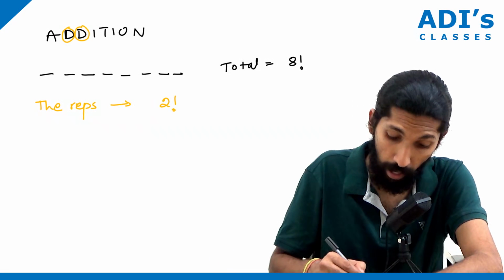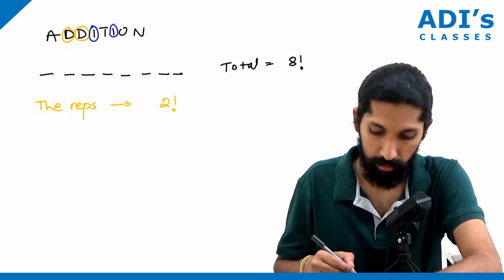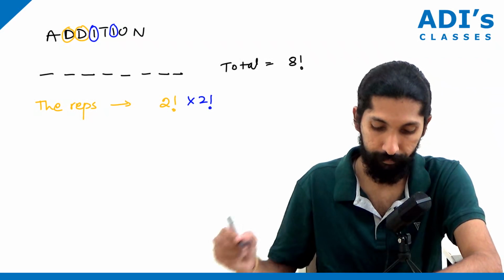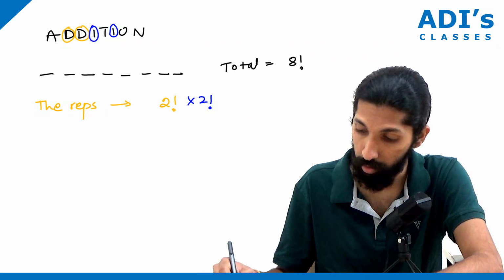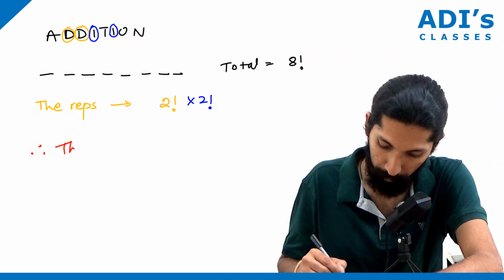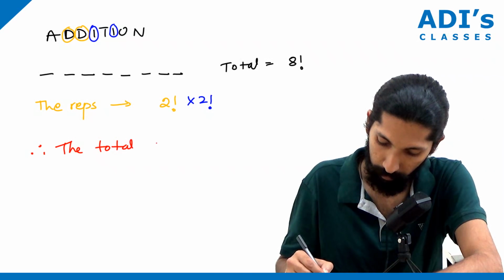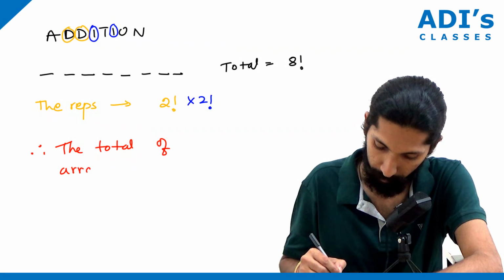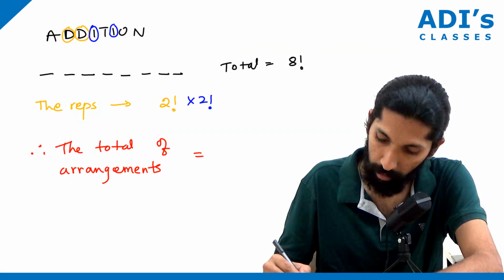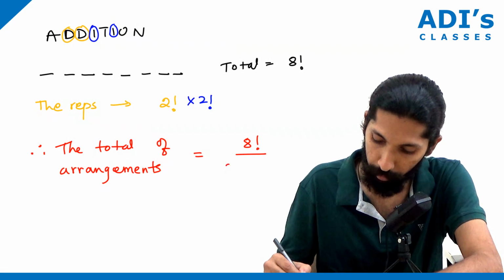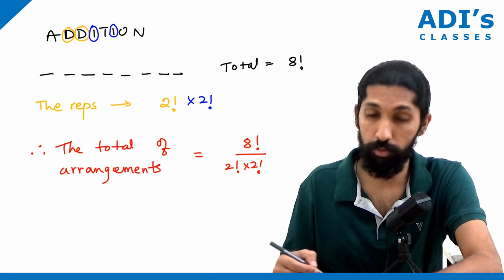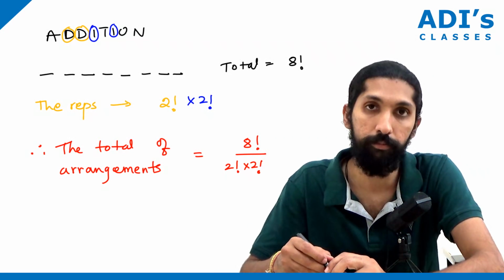Then I is repeated twice, so that's again 2 factorial. Therefore, the total number of arrangements will be 8 factorial divided by 2 factorial into 2 factorial, which I want you to solve completely and get the answer.